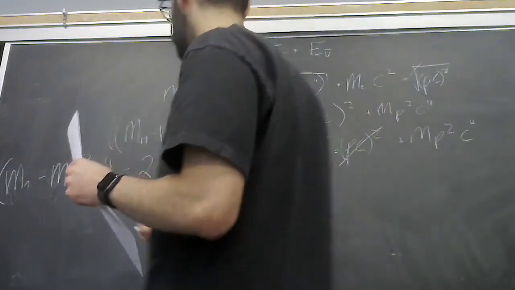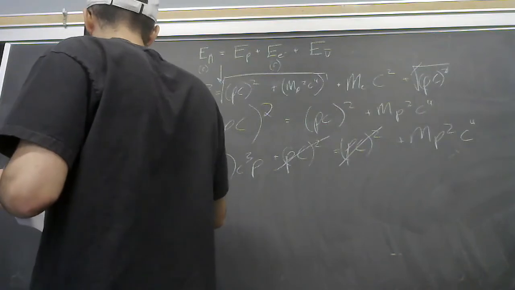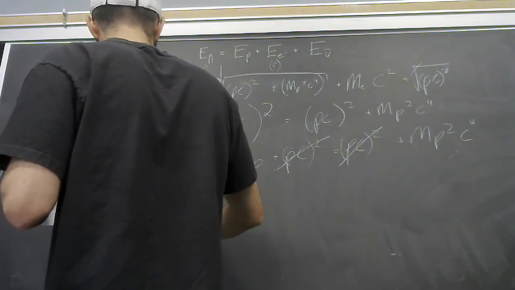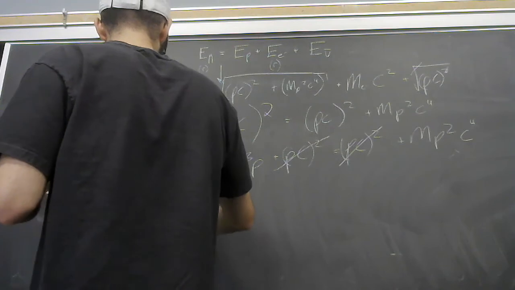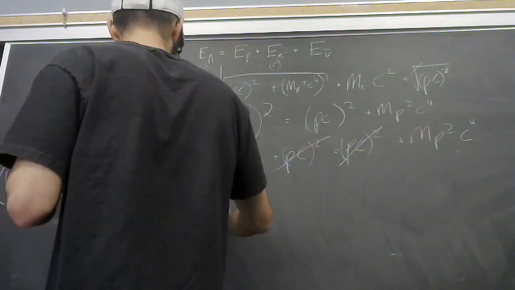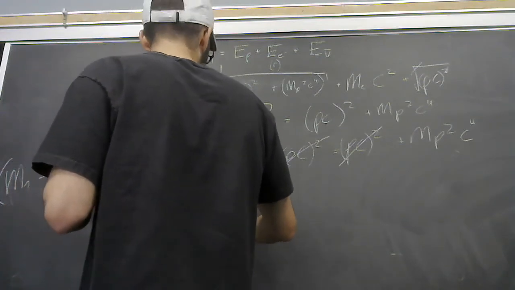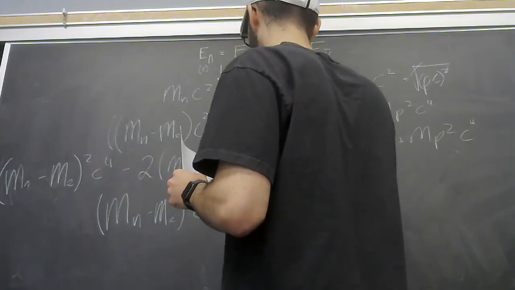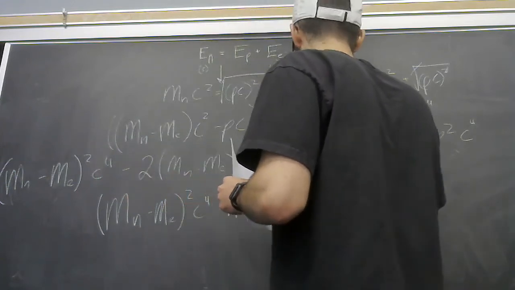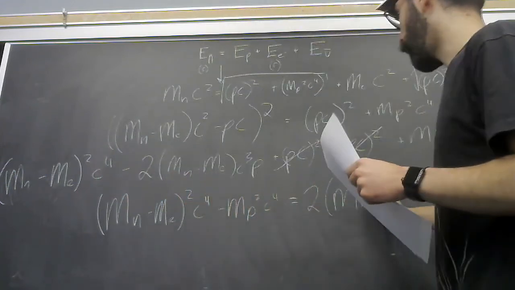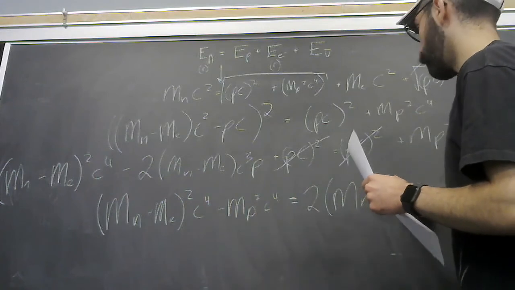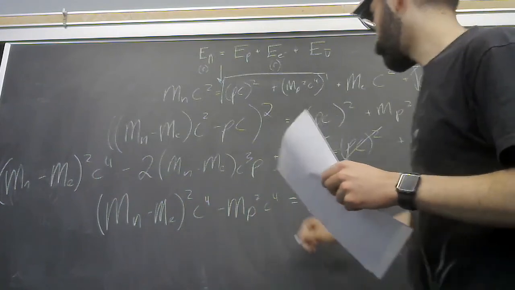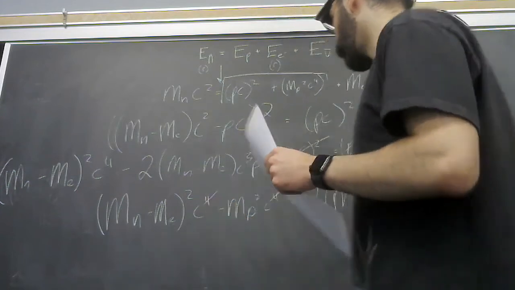So I'm going to say (mn minus me) squared c to the fourth, minus mp squared c to the fourth, equals 2 (mn minus me) c cubed p. I'm going to get rid of that cube to get rid of these fourth powers.